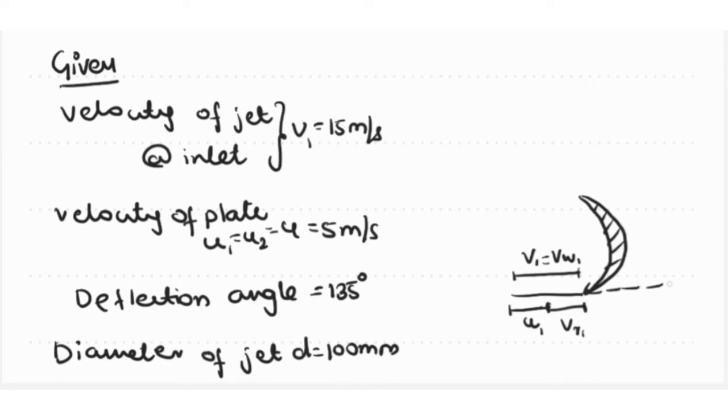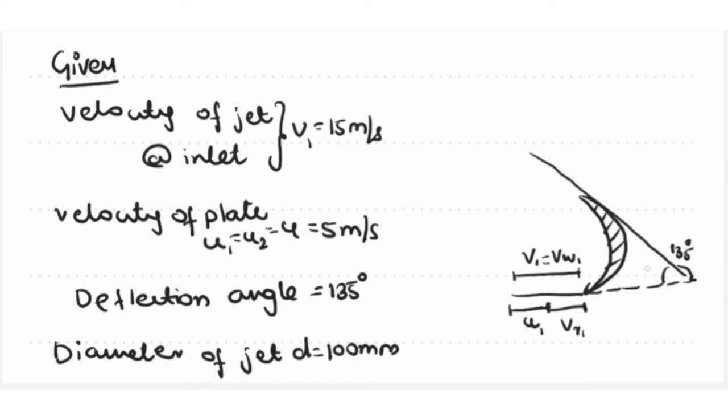So here jet gets deflected by an angle of 135 degree. So I will draw here how actually it gets deflected. So here this angle will be equal to 135 degree.